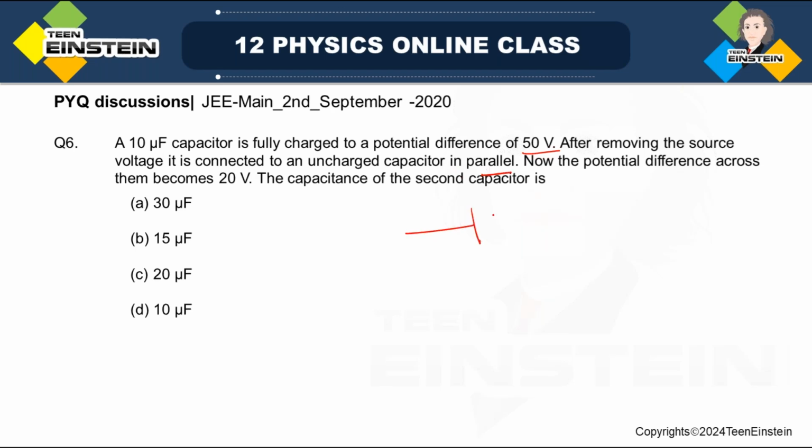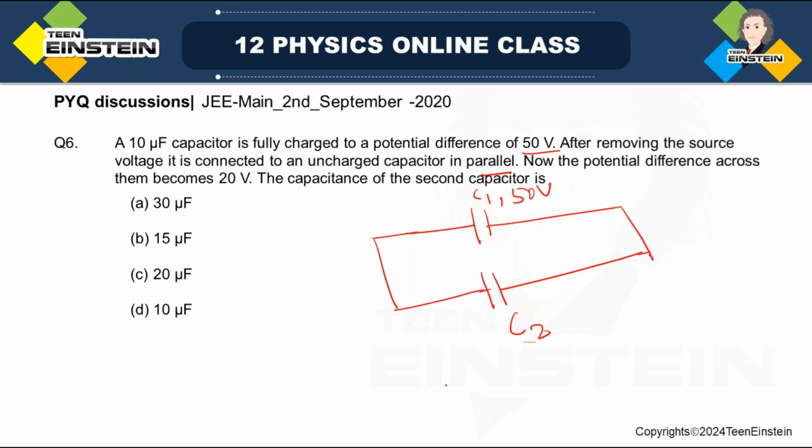So there was initially a capacitor C1, fully charged up to 50 volt, and after disconnecting it, I connect it with another capacitor in parallel. This is C2, the unknown capacitor here.